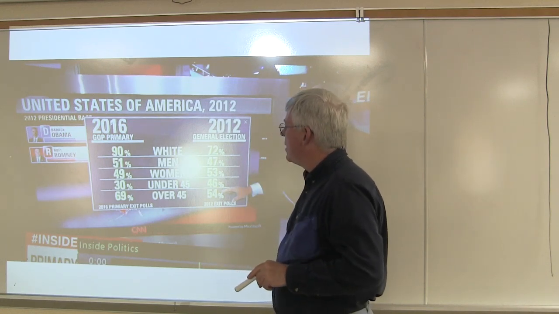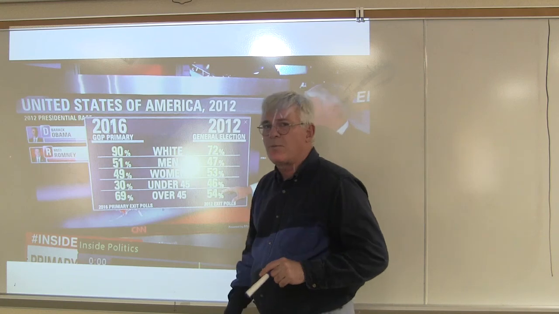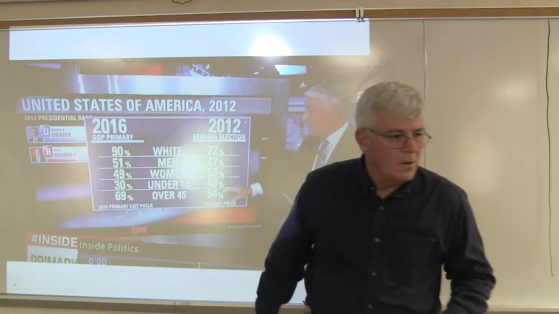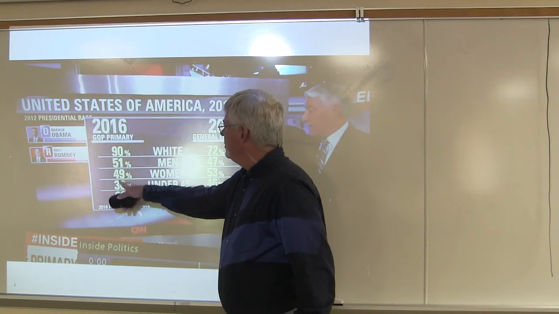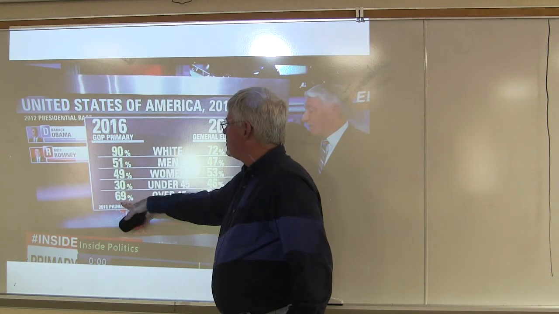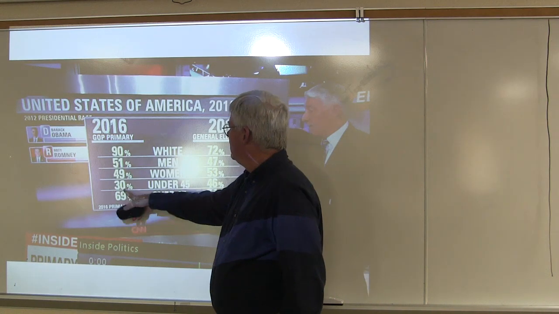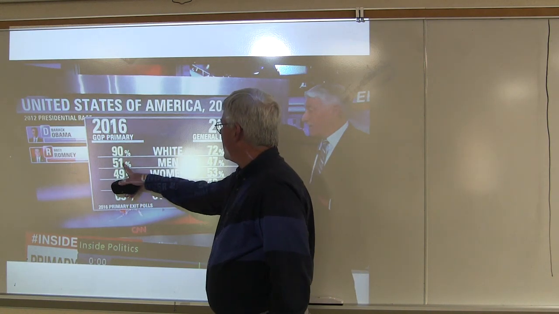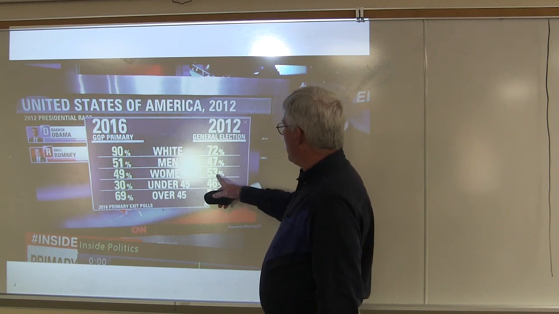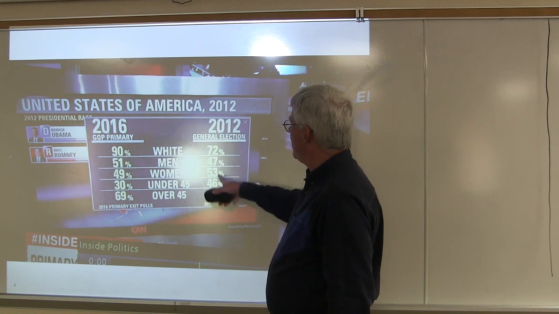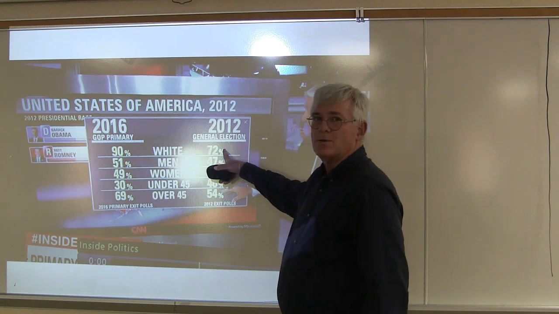Those are the main ones, right? Okay, who voted in those primaries? Hold on. Look, I found this on the web. Old white guys. Old white guys versus who voted in the general election. A lot more women, a lot more younger people, and a lot more minorities, right?